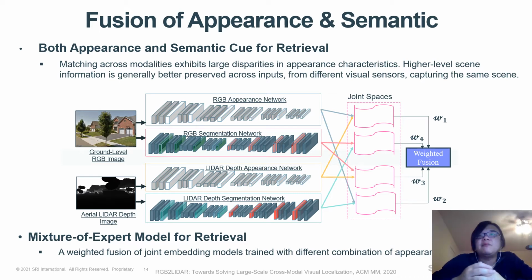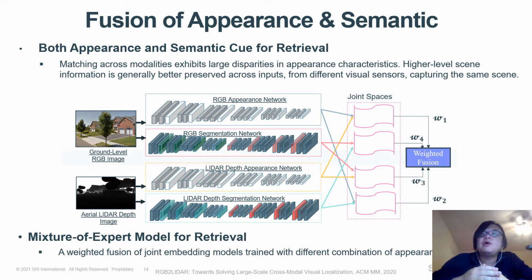The semantic information we define here is semantic segmentation that labels each image pixel into one of the pre-trained semantic classes, such as sky, tree, road, and buildings.